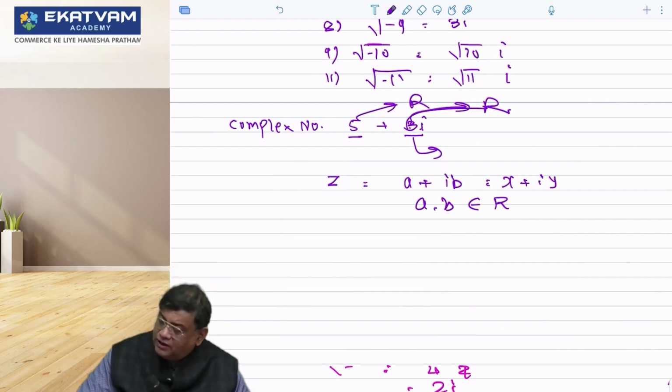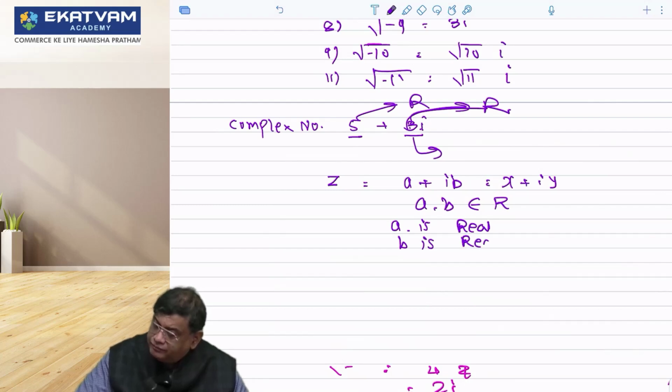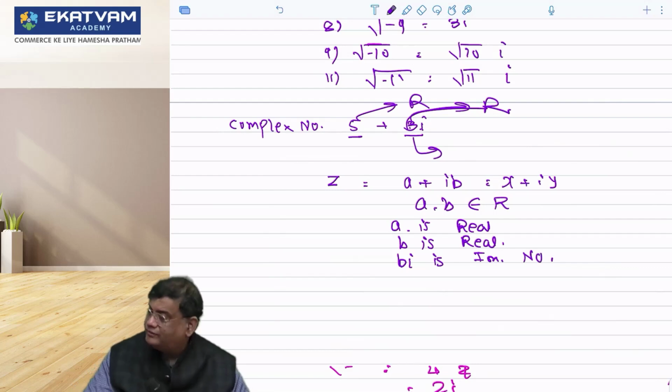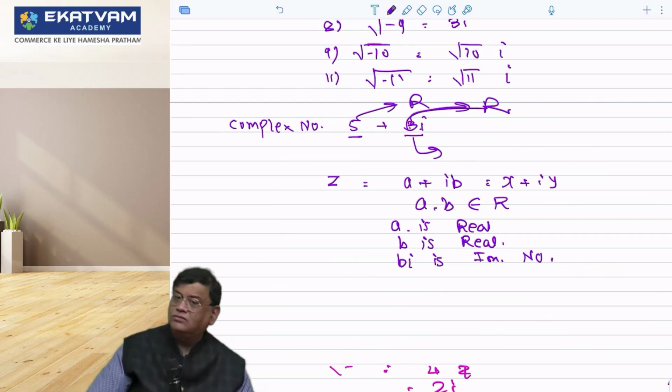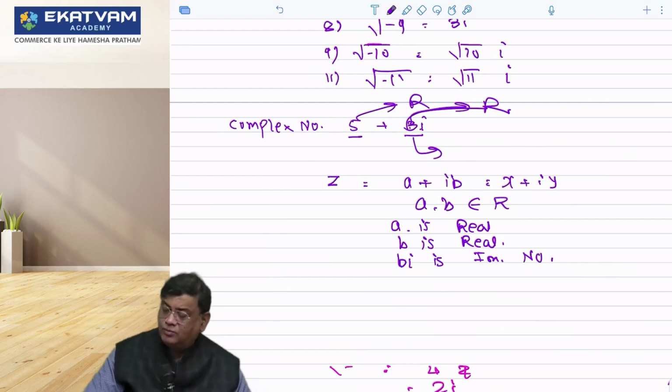So what does it mean? a is a real number, b is a real number, but bi is an imaginary number. Did you understand? So write down. Give the heading: Complex number.